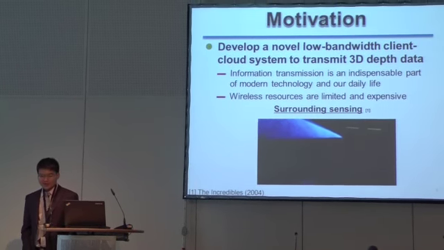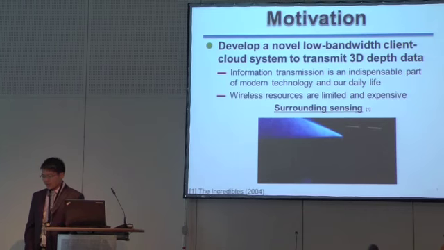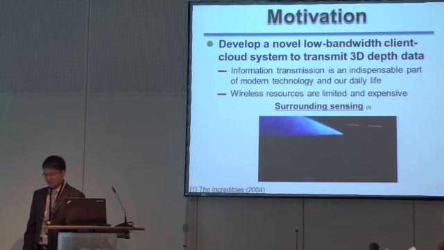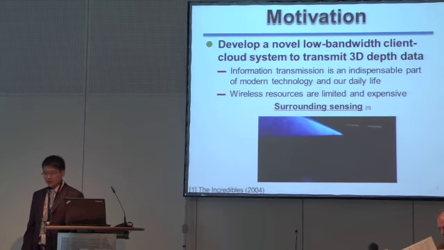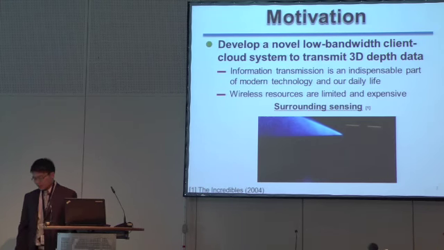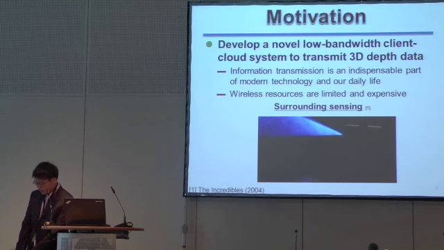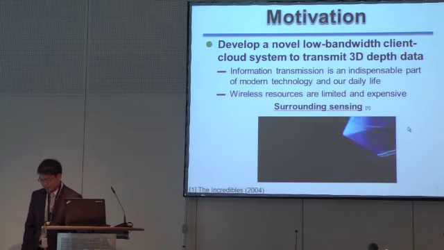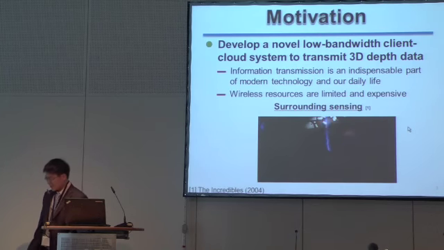Nowadays, various information dominates the world, and information transmission is an indispensable part of modern technology and our daily life. For example, robots need to acquire the depth map of their surroundings, like in this short film.